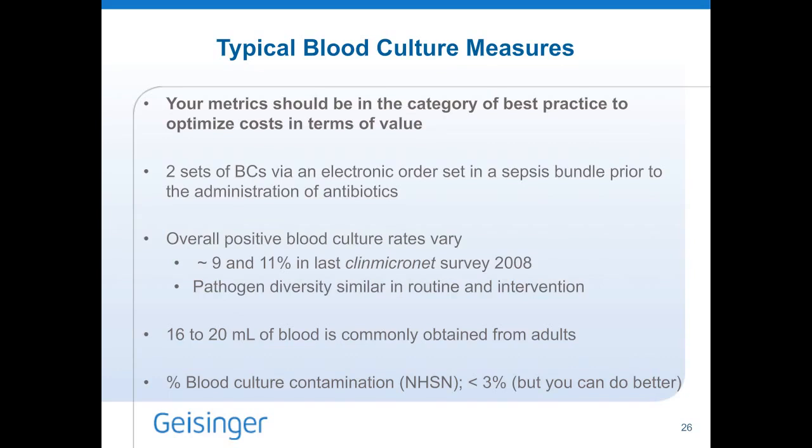The pathogen diversity is something that you might want to monitor, specifically if you're comparing 2 periods of time, like the historic routine method and maybe after introduction of a new diagnostic, because you don't want 20% E.